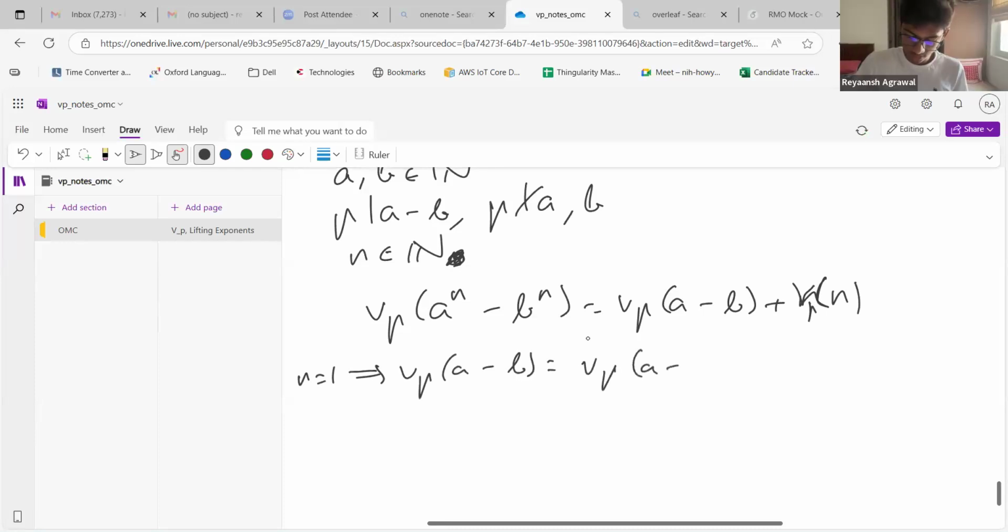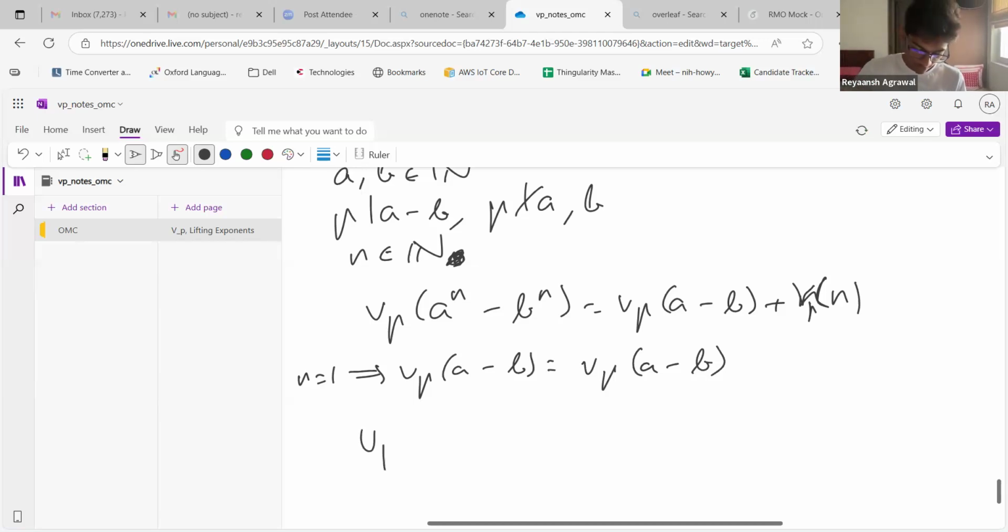Exactly. So that gives us an idea. Let's try and prove this by induction, right? But we can't really do much with this case, because it does not really help much with the induction step.